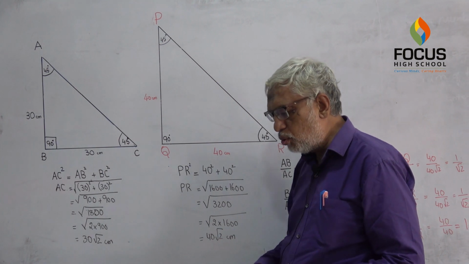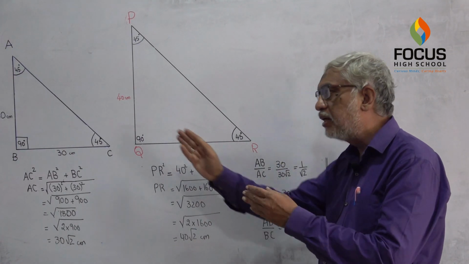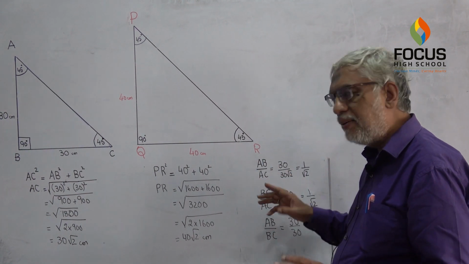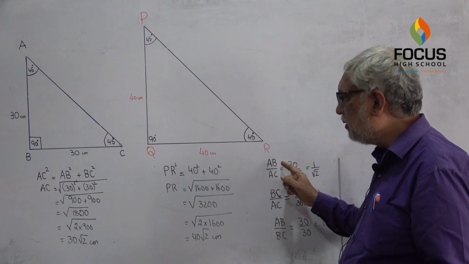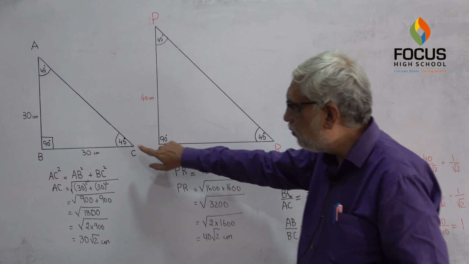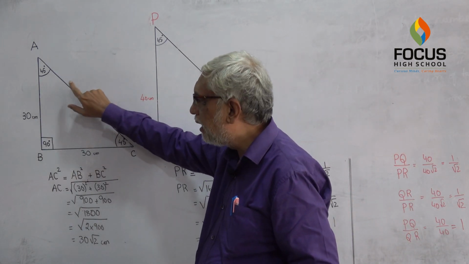Now, for my conclusion, we are going to write a conclusion first regarding the triangle ABC. I am taking the ratios AB by AC. With respect to this 45 degree angle, this is my opposite side and this is the hypotenuse.